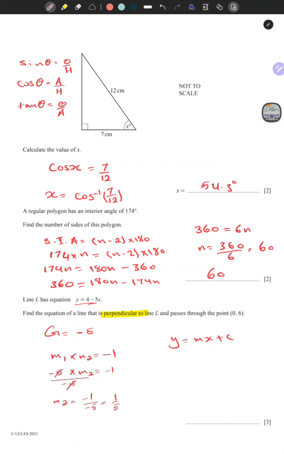So I have 6 here as the y, and my new gradient is 1 over 5, and x here is 0, plus c. Finding c first, any number times 0 gives us 0, so c is equal to 6, and my equation will be y is equal to 1 over 5x plus 6.